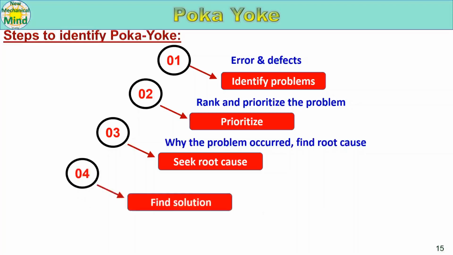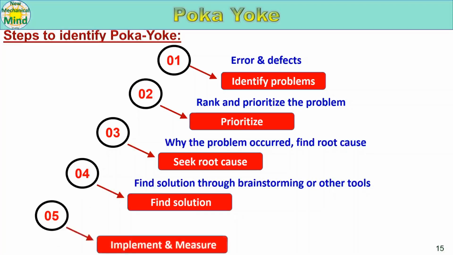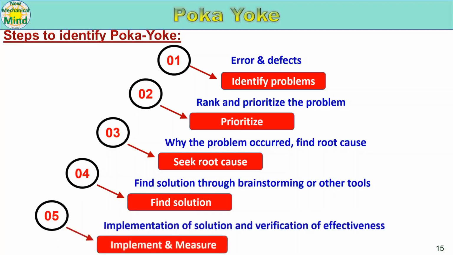Fourth, find solution. Find solution through brainstorming or other tools. Fifth, implement and measure. Implementation of solution and verification of effectiveness. These are all the simple steps to identify a Poka. By using these steps, you can identify Poka at your location also.